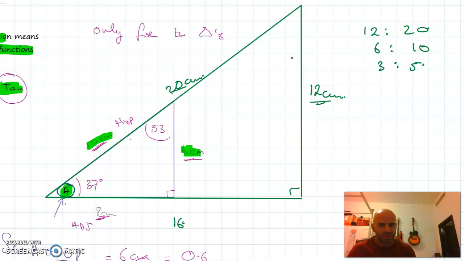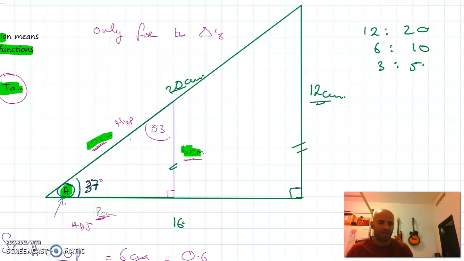And we know that this is also a 90-degree angle because it follows on from this. It has to be a 90-degree angle because it's parallel to this one here. So that means that I have to have the same angle down here, and it also means that the sine of the angle has to be the exact same.